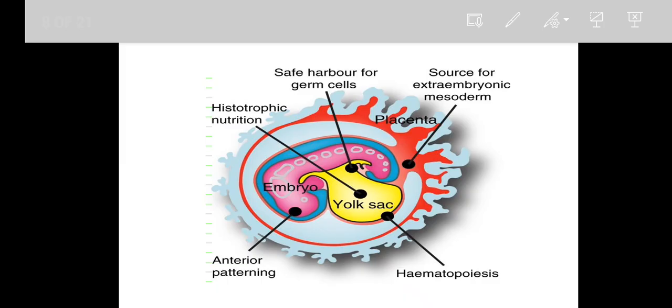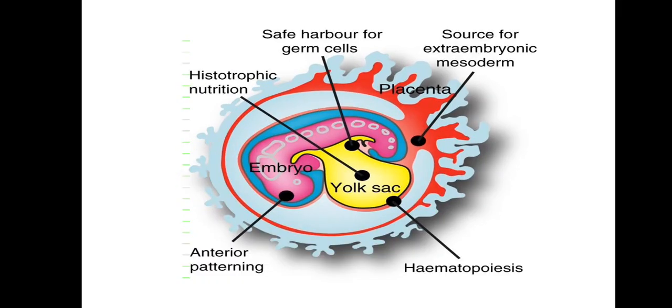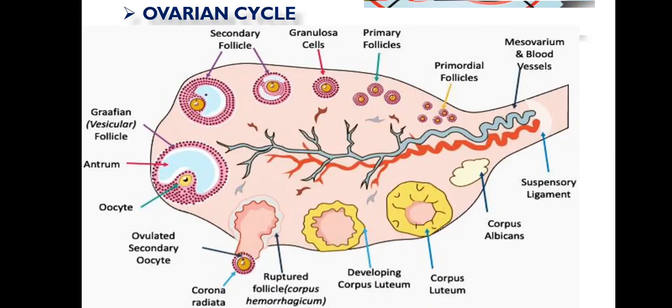These ovaries will make sure that these primordial germ cells, which have a diploid number of chromosomes, 46, differentiate into oogonia. From oogonia, you form primary oocytes. Those primary oocytes will remain dormant in prophase 1 of meiosis 1 until this embryo develops up to 9 months, until the time they are born.